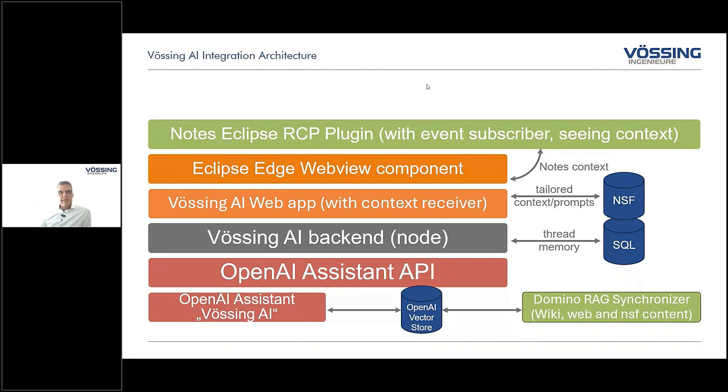And the web app then is the next thing that has this context receiver feature that can read the notes or receive the context from the embedding application, which must not be but can be Notes, and which receives tailored contexts and tailored prompts. For example, from an NSF, which in our case is what we did.